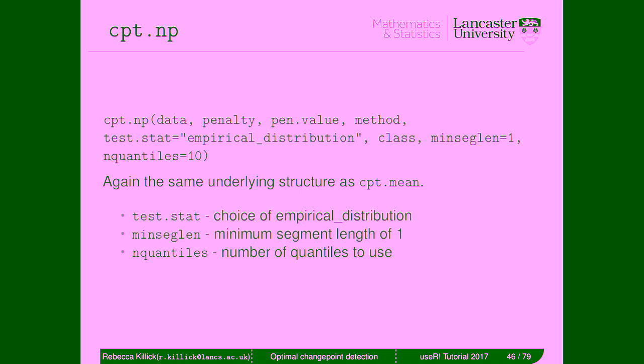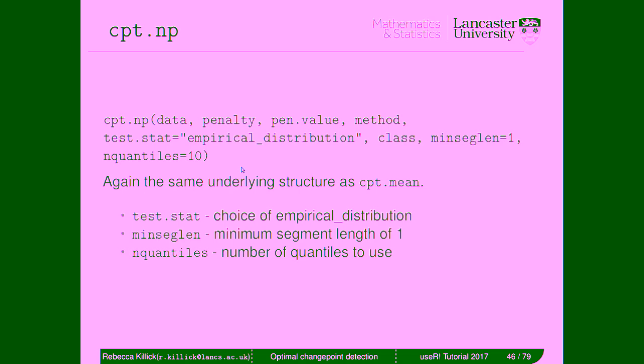Those will be moving over to the changepoint.np package when I get time to do it. But they were originally in the changepoint package, and then new non-parametric work has been going on at Lancaster, and so we felt a separate package was warranted rather than making changepoint too big. So we've got cpt.np now.